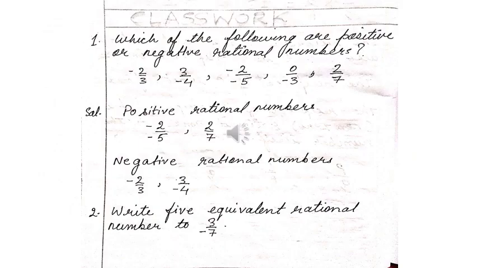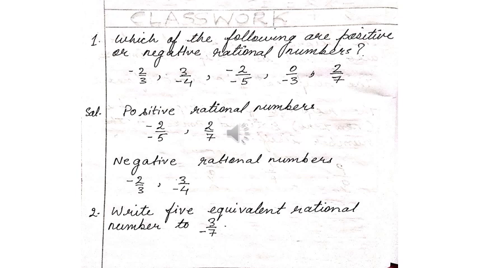Let us discuss a few questions to understand what we have discussed till now. The first: which of the following are positive or negative rational numbers? The numbers given here are: minus 2 upon 3, 3 upon minus 4, minus 2 upon minus 5, 0 upon minus 3, and 2 upon 7.